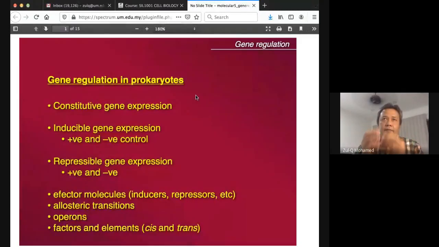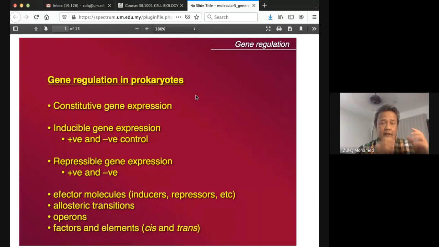So you have the constitutively expressed genes, and then you have the regulated genes. Some regulated genes are inducible. Basically, it means it can be switched on if you need it. Inducible, you can induce it. Or you can repress it, that you can switch it off if you don't need it.